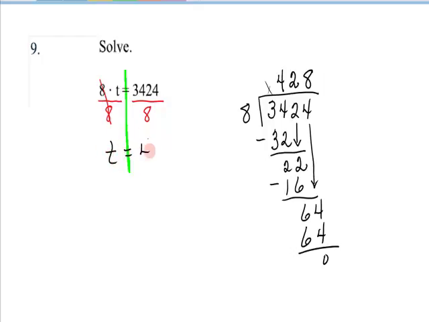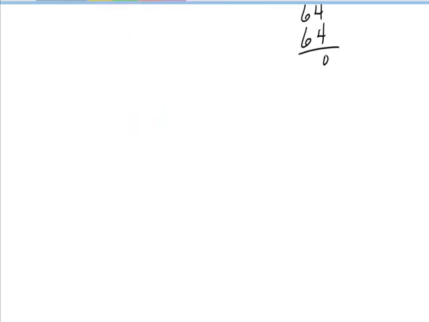Is equal to 428. Now, let me just say a couple of words of reminder. If you have x plus 3 is equal to 7, I know you know the answer, but the process, the side with the variable is the side that you focus on. You notice that it has an added 3.